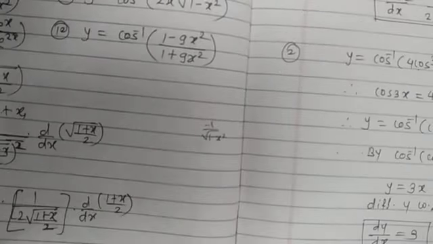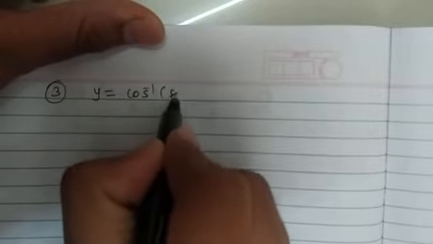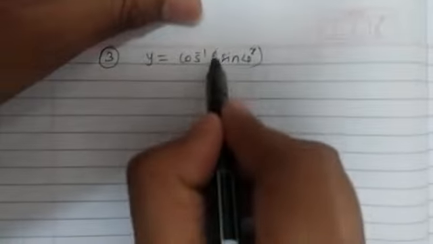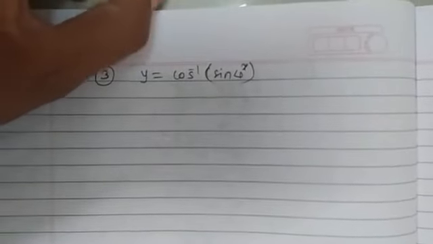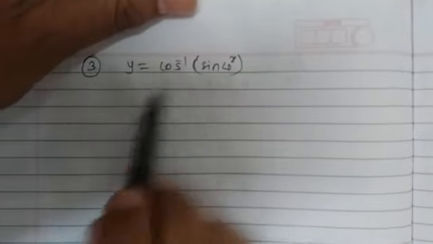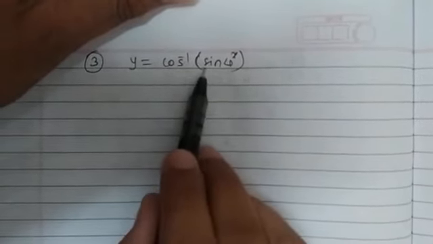Now we solve the next example. Example number 3. y is equal to cos inverse of sin 4 raised to x. This one also seems to be a little bit difficult, but outside the bracket there is cos inverse and in the bracket there is sin.